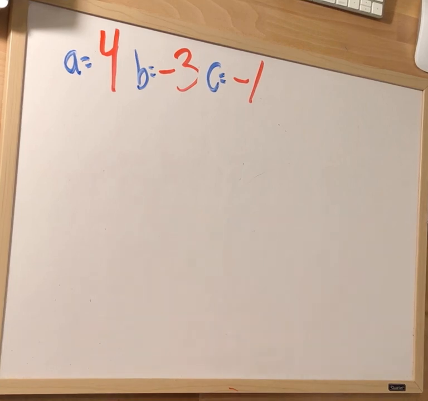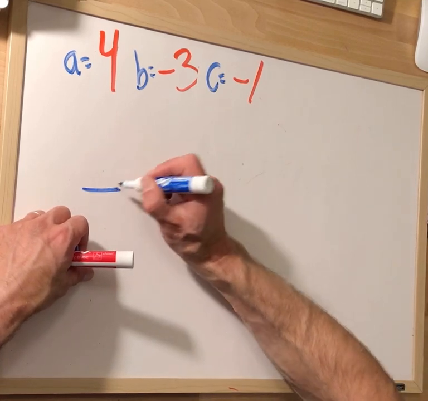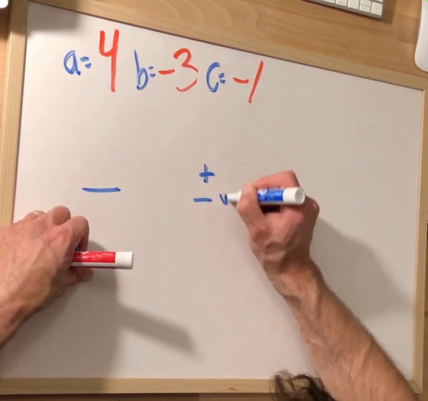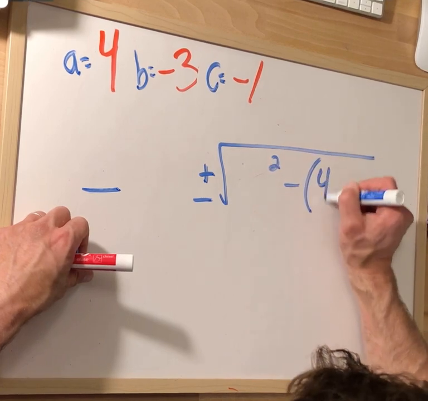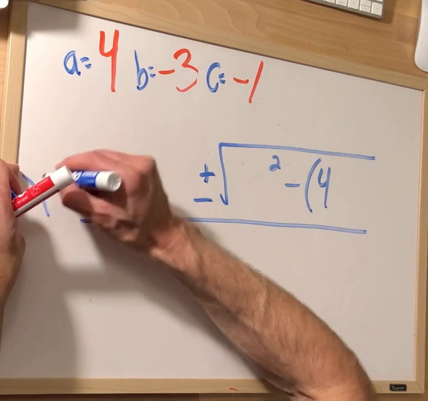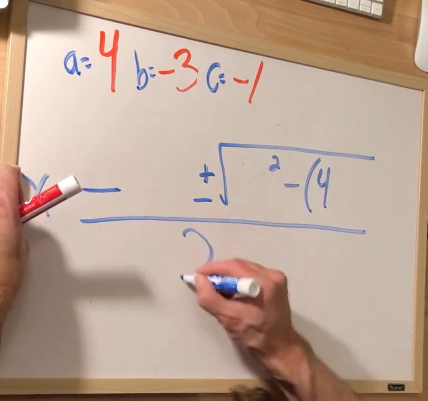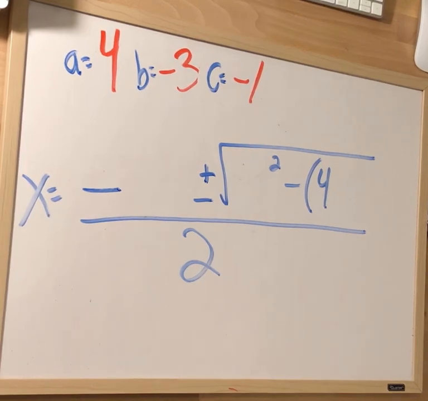Now look at the formula. I'm going to put in blue everything that stays. Notice I have a lot of stuff missing in the formula because on the notes, I have your a, b, and c in green. So you're going to replace it with the numbers.